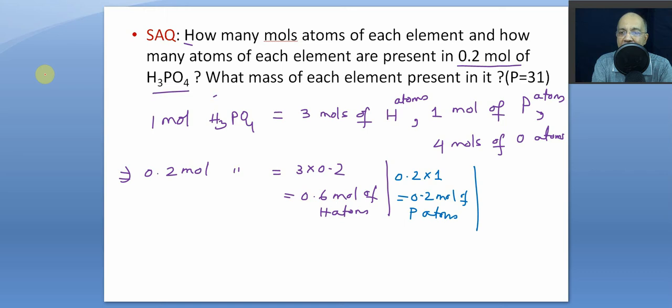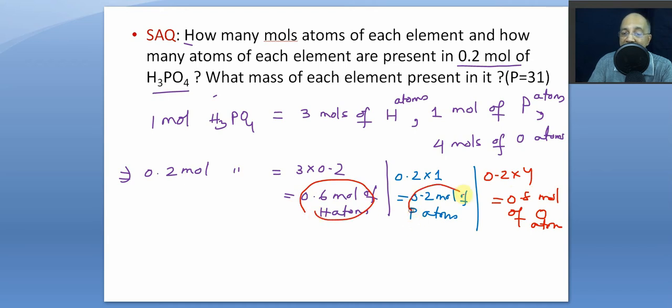So I'll try to restrict it, promise. And then if 1 mole has 4 moles, then 0.2 mole is 0.2 into 4, that is 0.8 mole of oxygen atoms. So one answer is this, one answer is this, and the third answer is this.